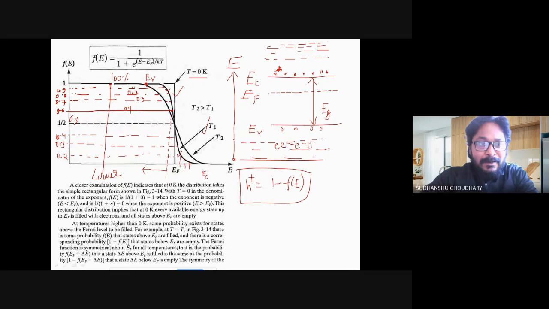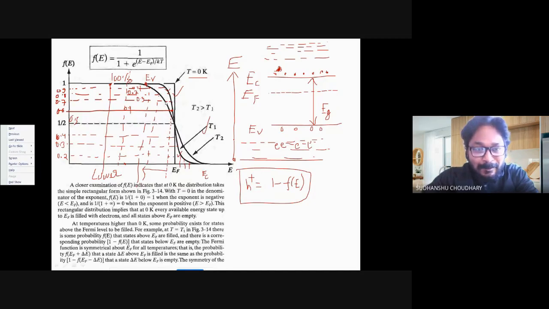Similarly 0.1, and then finally the probability of finding a hole is 0, maybe at this energy level, let us say. So this one corresponds to 0.2 for hole, and 0.3 for hole corresponds to this energy level. So 0 may be somewhere here, so the probability of finding a hole is 0 here.